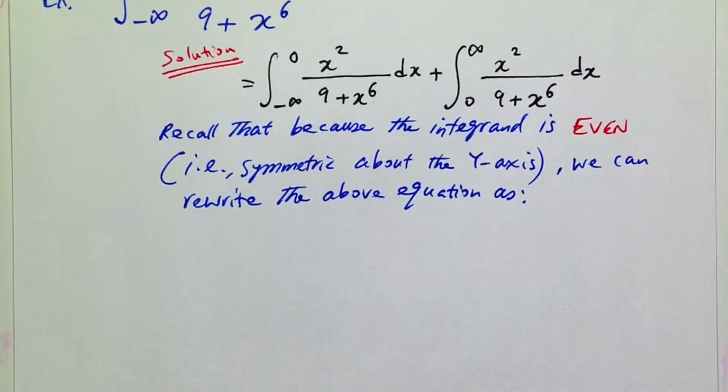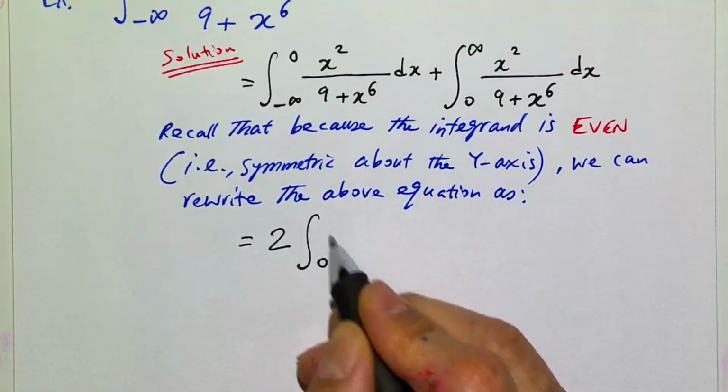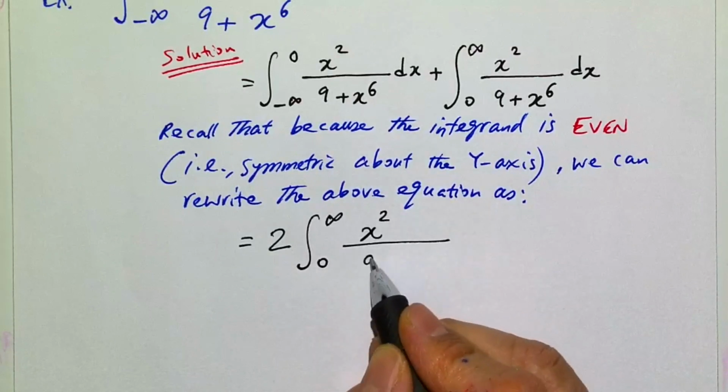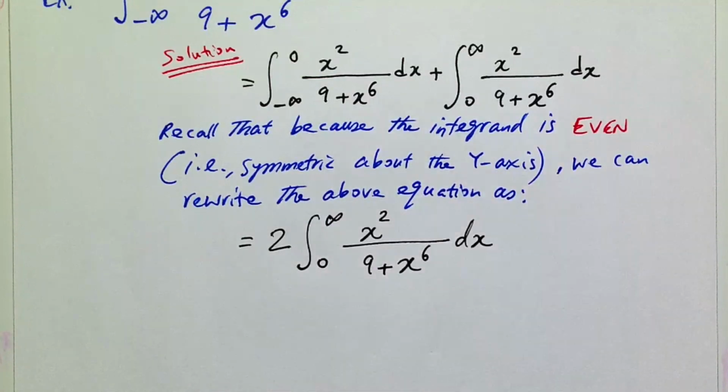So we can rewrite that as 2 times the integral from 0 to infinity of x squared over 9 plus x to the 6th dx.